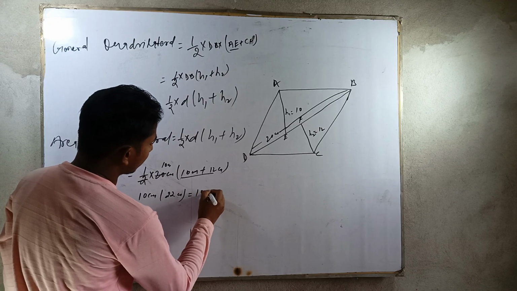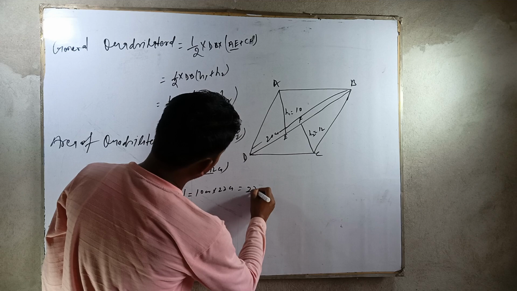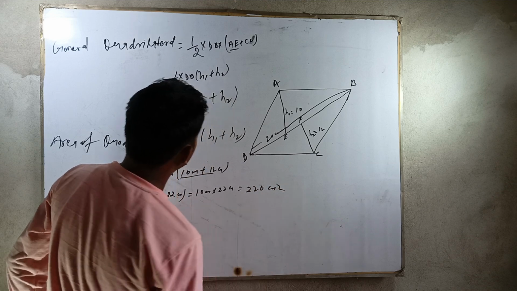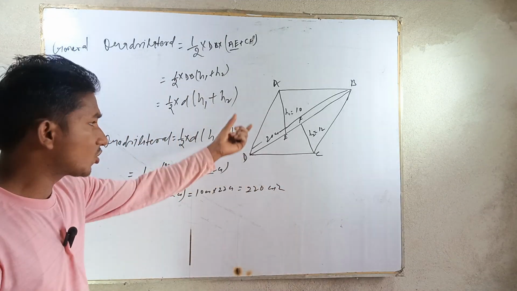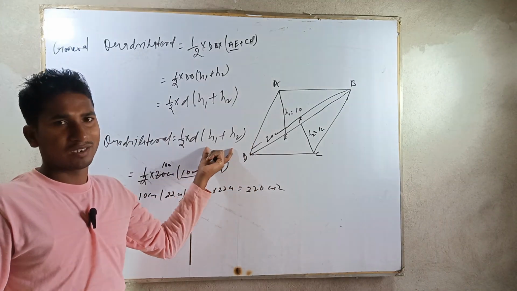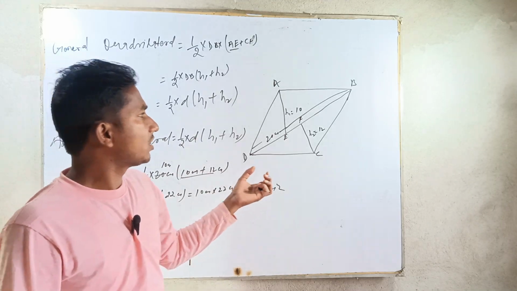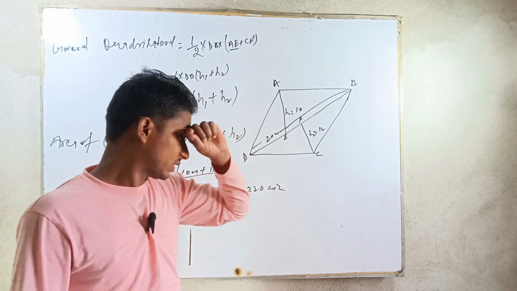Now 10 centimeter cross 22 centimeter is 220 centimeter square. So the area of this type of quadrilateral is measured with this formula. If you memorize it, it is very important to understand.